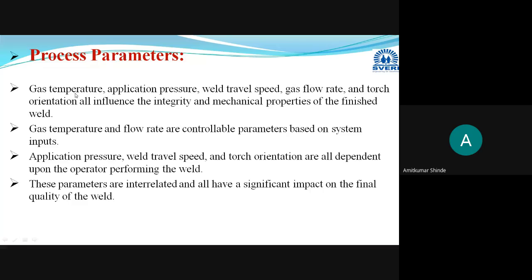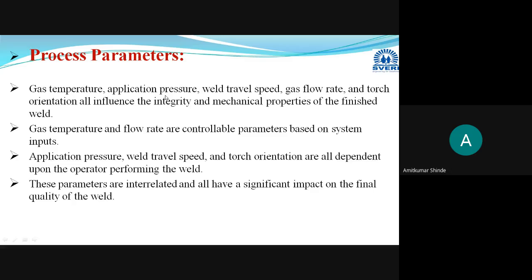The first is the temperature of the hot gases. Here you can use nitrogen, hydrogen, oxygen, carbon dioxide, and these kinds of gases, or you can go for common air. Its temperature you have to control in the range of 200 to 350 degrees Celsius.